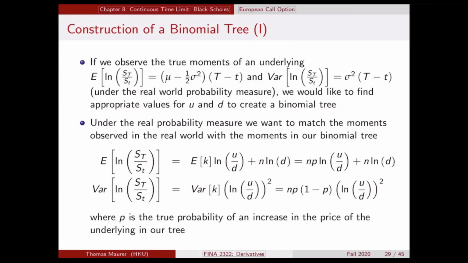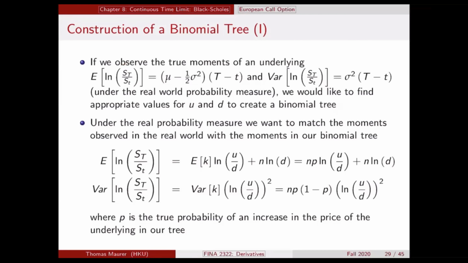Okay, so we have seen that before. Now, what's the expectation of how many up movements I have? Well, I can write that in terms of my true world probability measure of moving up in the tree. Let's denote that by P. So P is the probability of moving up in the tree, and 1 minus P is the probability of moving down in the tree. Okay, so then I can rewrite these expectations.